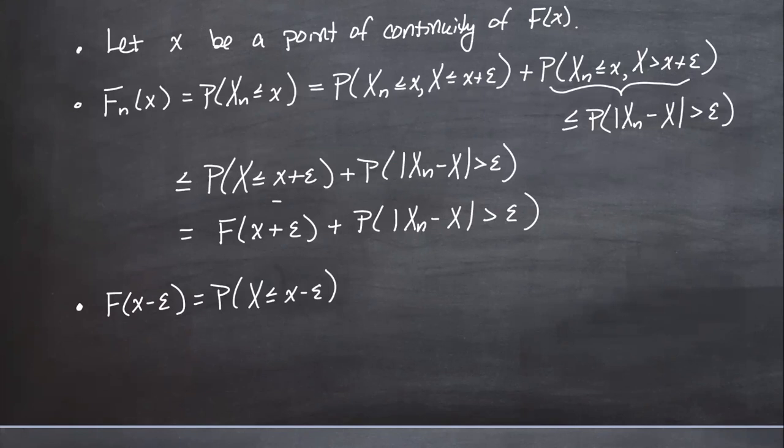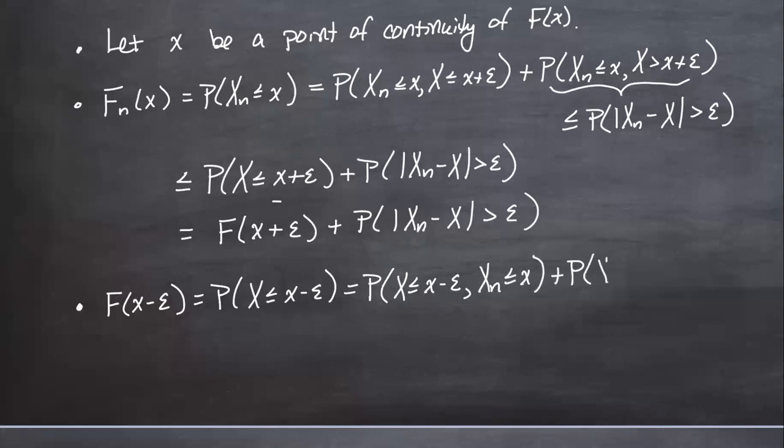I'm going to bring in this event. So let's write this as the probability that X is less than or equal to x minus epsilon and Xn is less than or equal to x, plus the disjoint event probability that X is less than or equal to x minus epsilon and Xn is greater than x.